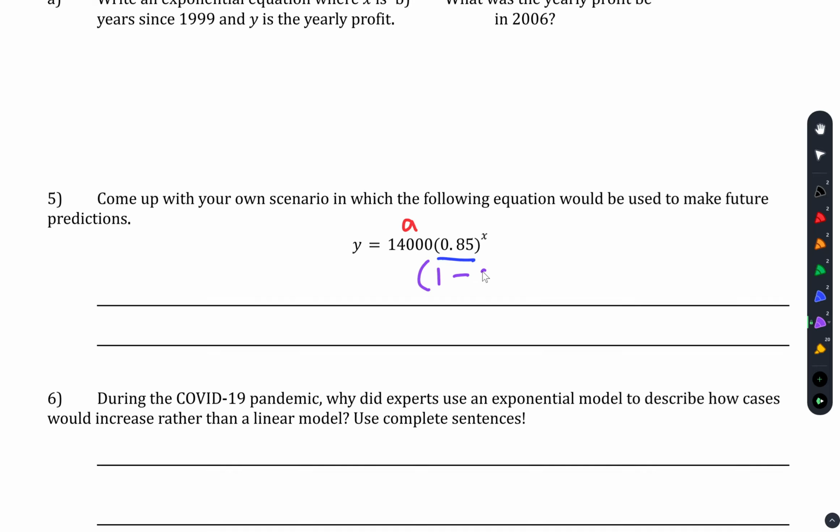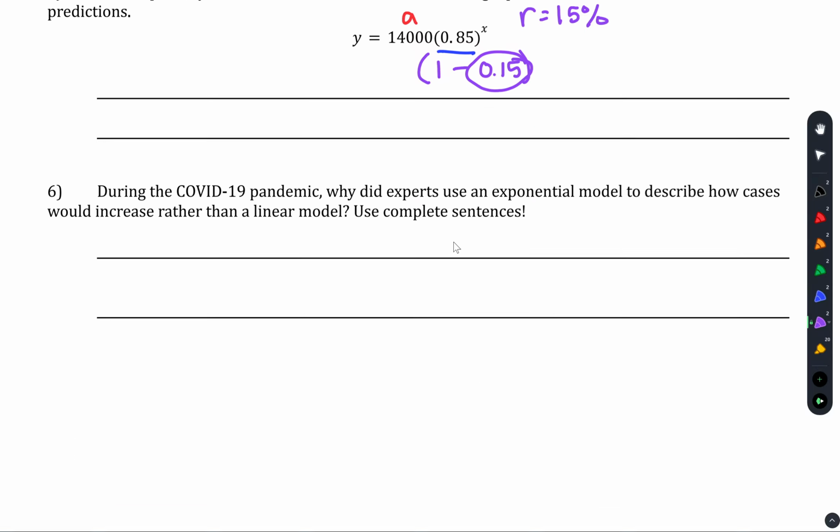That's going to be 0.15. So our rate, if I convert that to a decimal, should be 15%. And then I don't know how many years. So you want to come up with a scenario where your initial value is 14,000 and you're decreasing by a rate of 15%. I think you can come up with something creative.